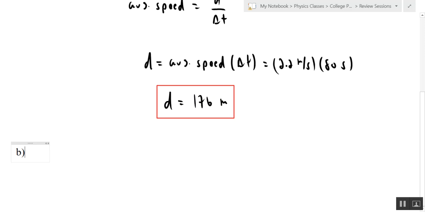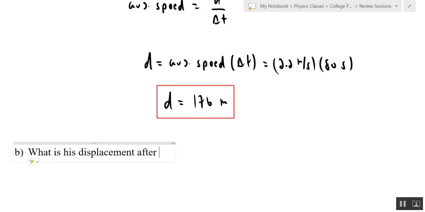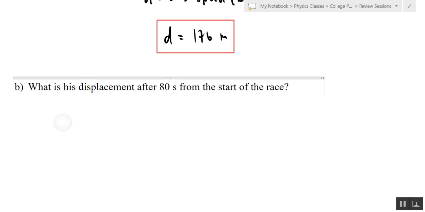The next part is, what is his displacement after 80 seconds from the start of the race? Let me just draw a little sketch. It's a pretty straightforward sketch.